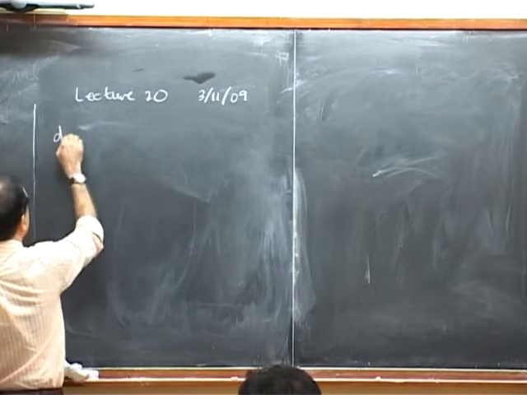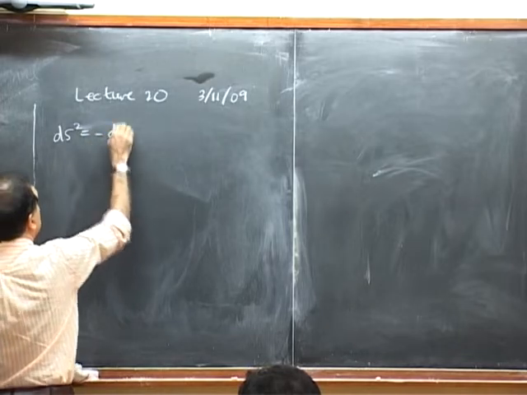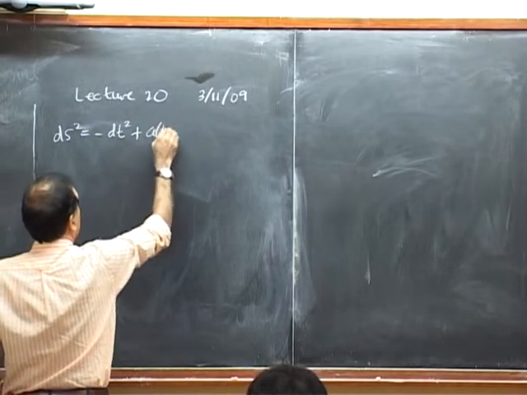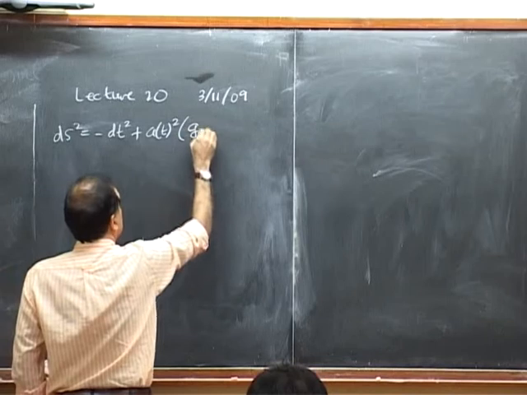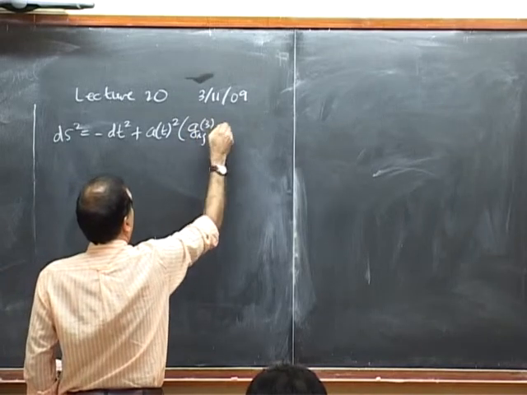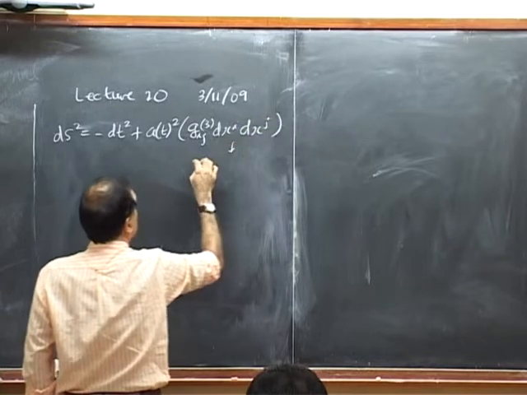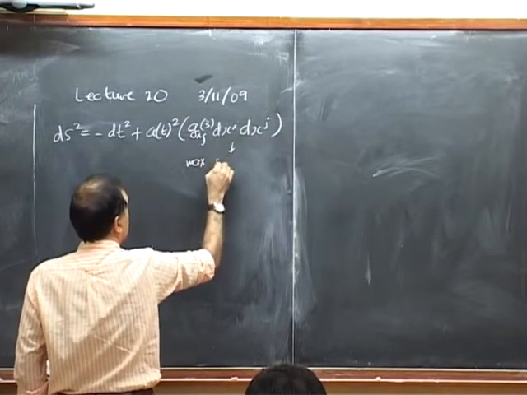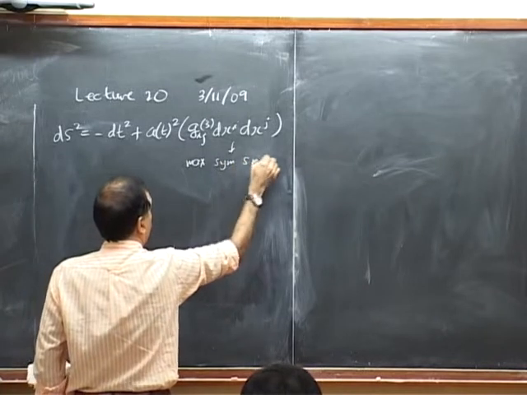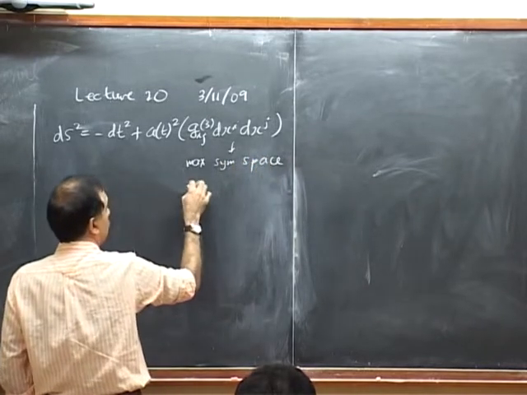The GR work consists of saying that ds squared is minus dt squared plus a of t squared times a maximally symmetric space, and it has a curvature.